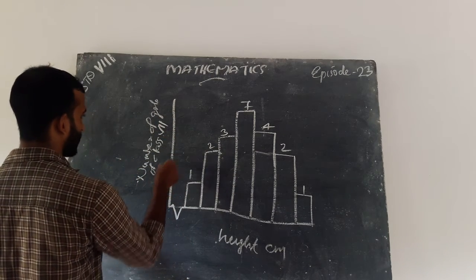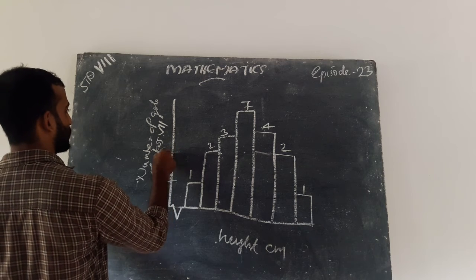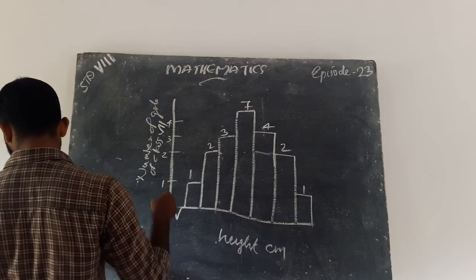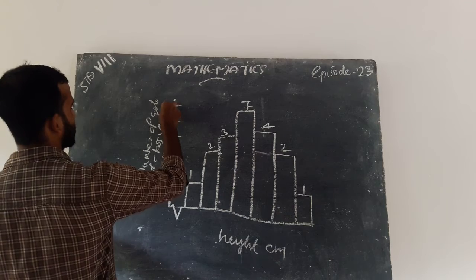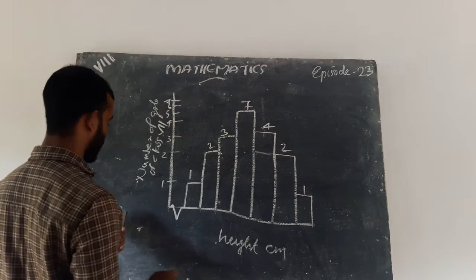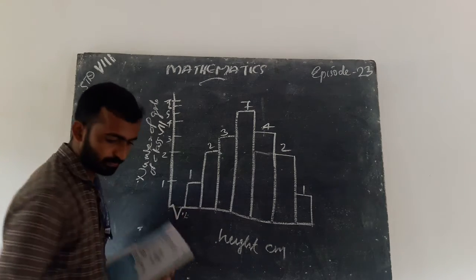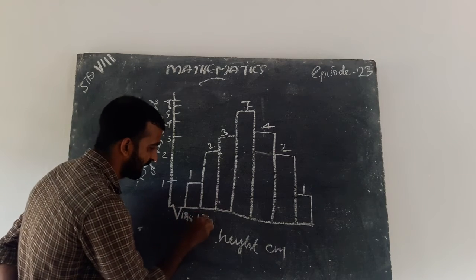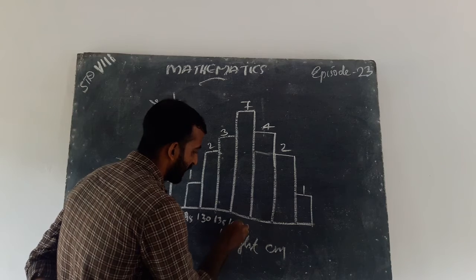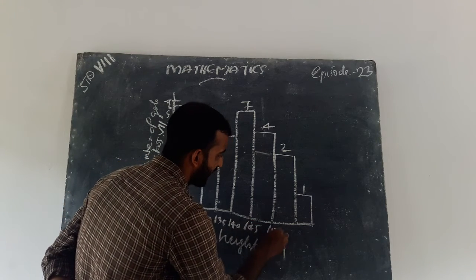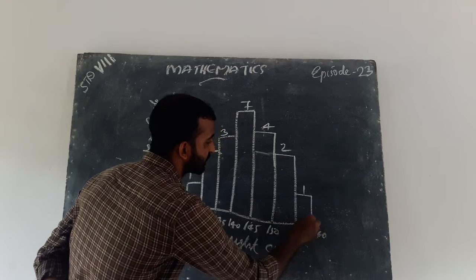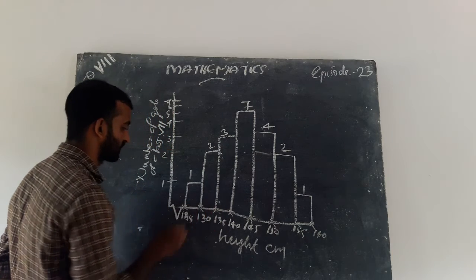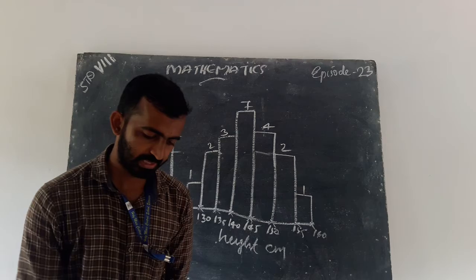That is 1, 2, 3, 4, 5, 6, 7, and here are 125, 130, 135, 140, 145, 150, 155, 160. Is it? Yes.